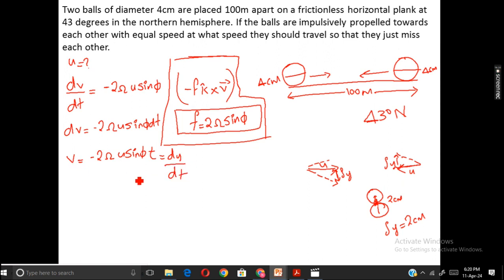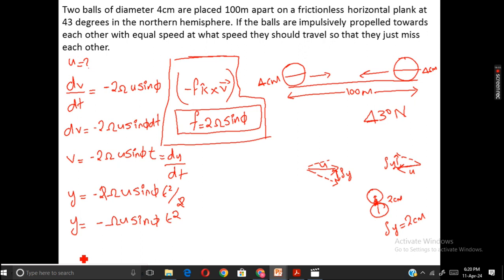Now if we integrate this equation again, we will get y. So y or delta y is equal to minus 2 omega u sine phi t square by 2. This 2 and this 2 cancel. Y will become minus omega u sine phi into t square. This is the equation for y.